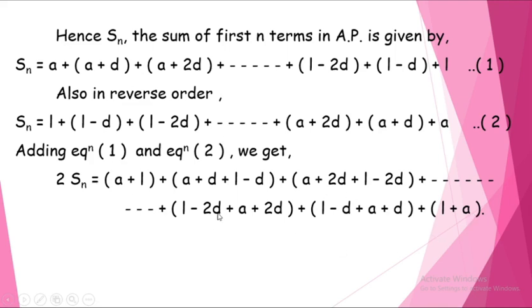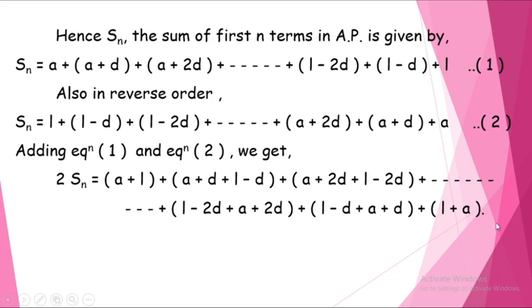Now if we observe these brackets, we observe that first bracket is as it is A plus L, but in second bracket plus D and minus D will get cancelled out. In third bracket 2D minus 2D gets cancelled out.